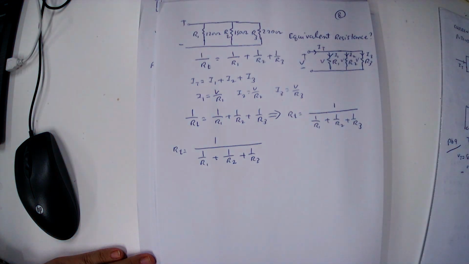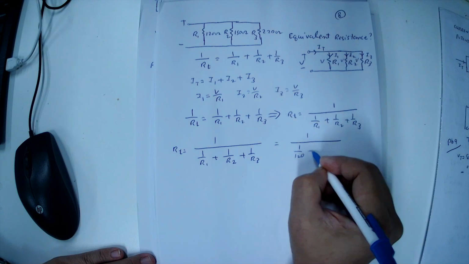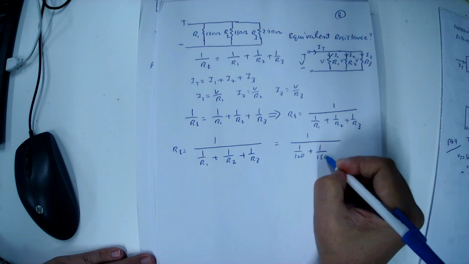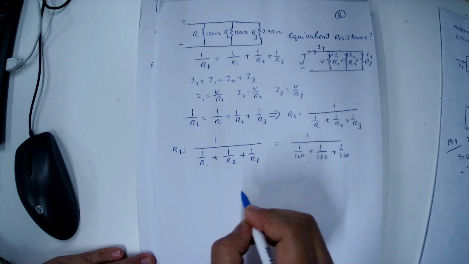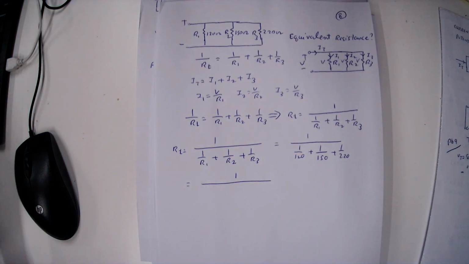So now we can substitute. R1 is 120, so 1 by 120. R2 is 150. R3 is 220. Numerator is 1. So 1 divided by 120, you get 0.0833.